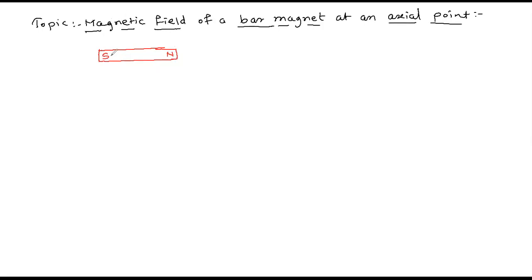Now let us draw the axial line, on which we will consider a point P, where we are going to take a unit north pole, and then we will find the magnetic field at this point P. So let NS be the bar magnet of length 2L.